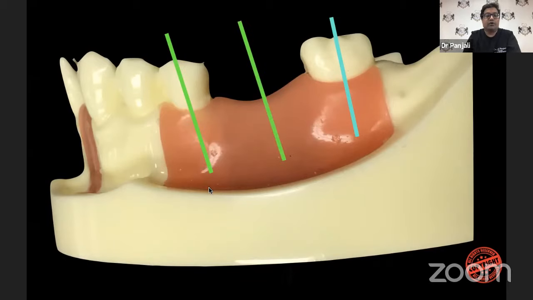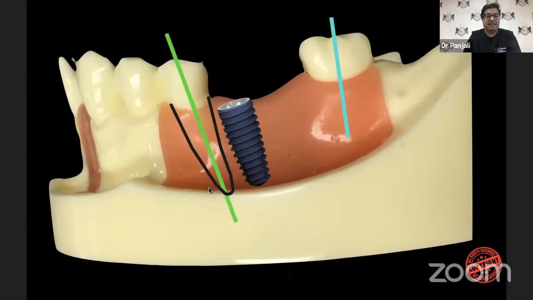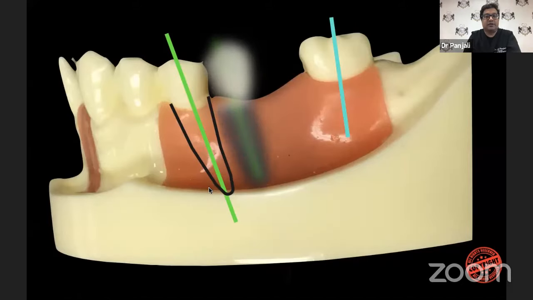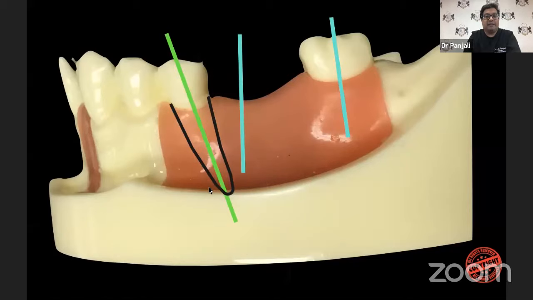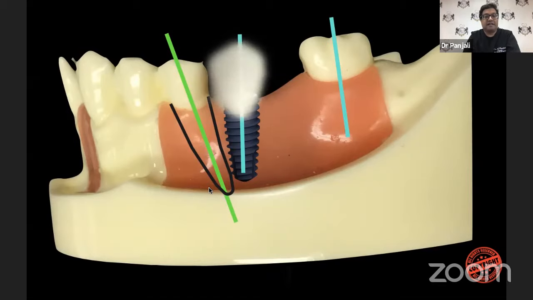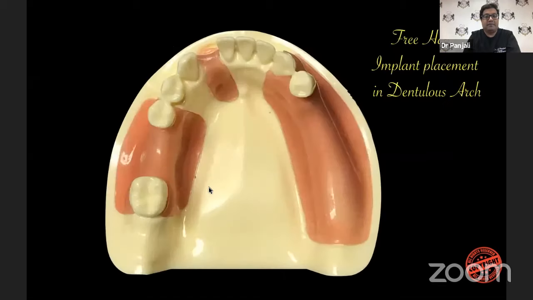Well, what you should be doing is going parallel to that mesial tooth and not the distal tooth. Why? Because if you try to go parallel to the distal tooth, you are probably going to end up being here and you will injure the root surface of the adjacent tooth. So this is another important point that you have to keep in mind.